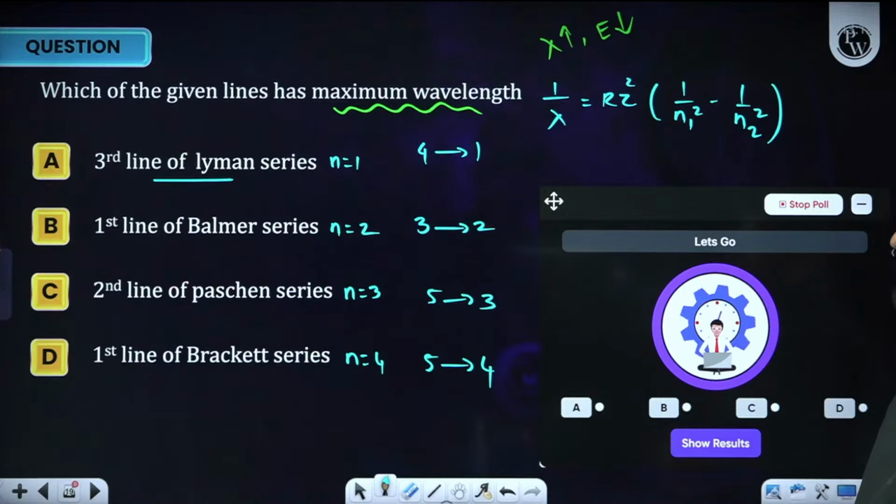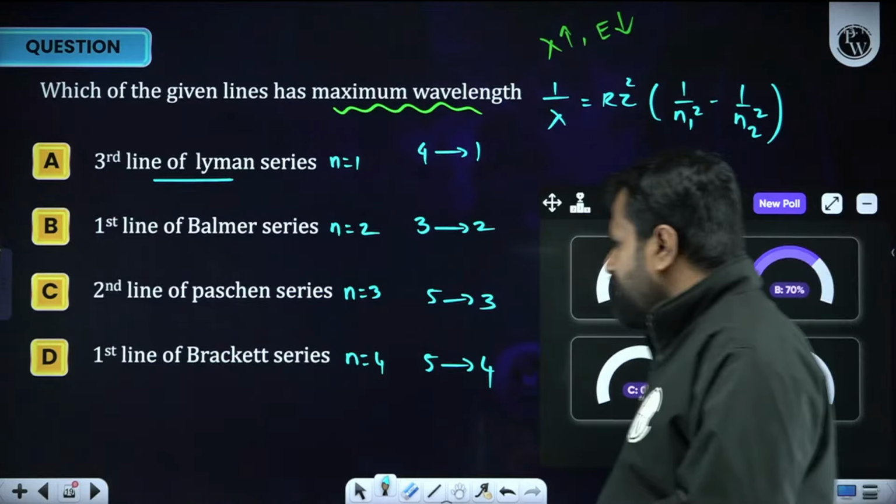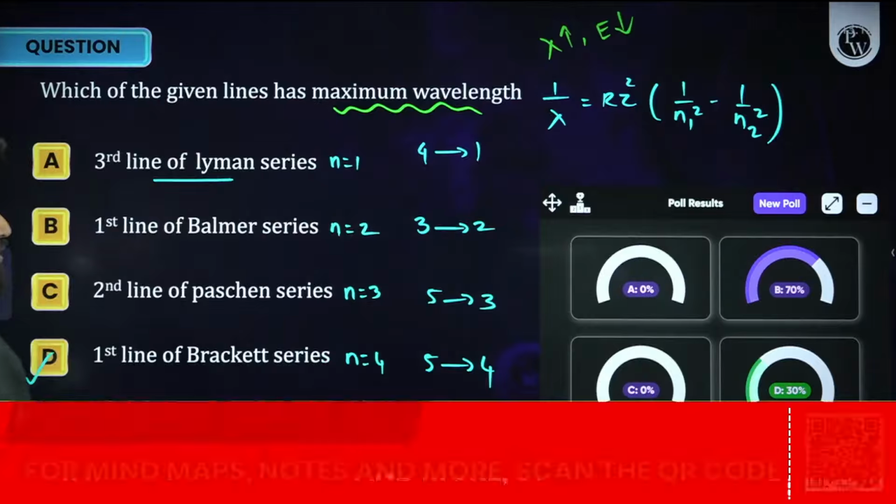So which one will be the correct answer? Option D is the correct answer.